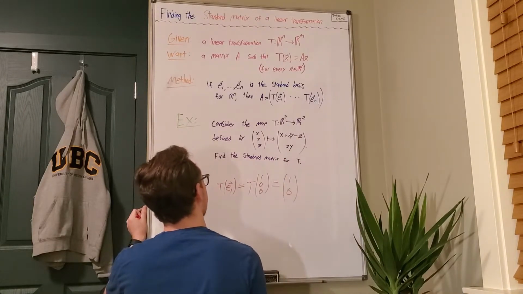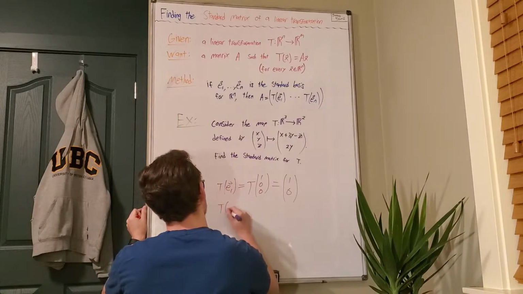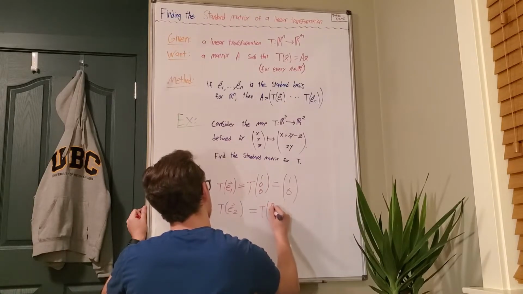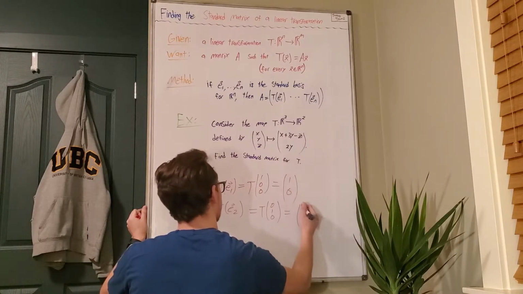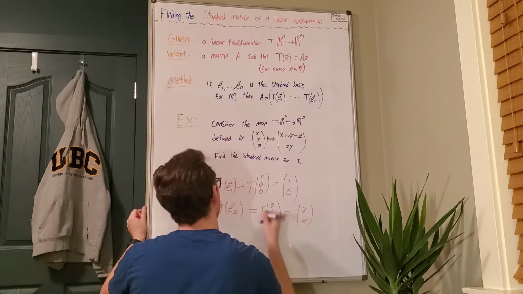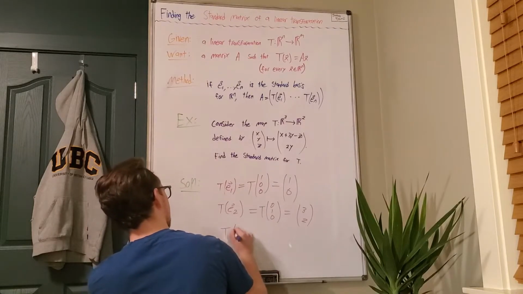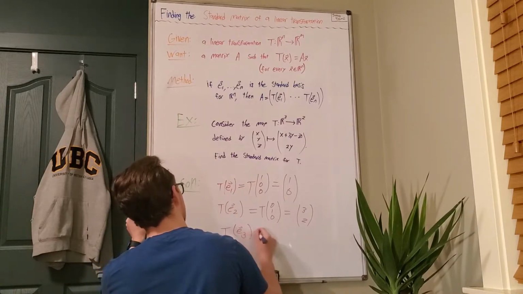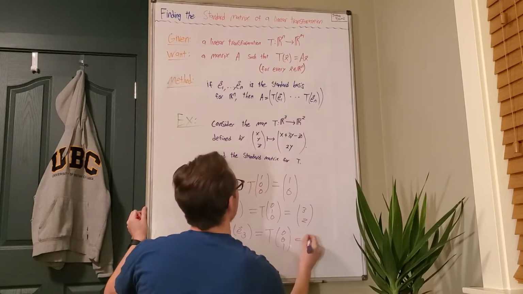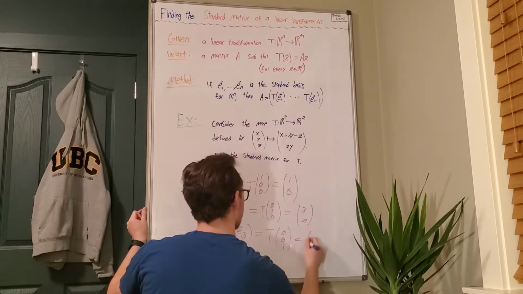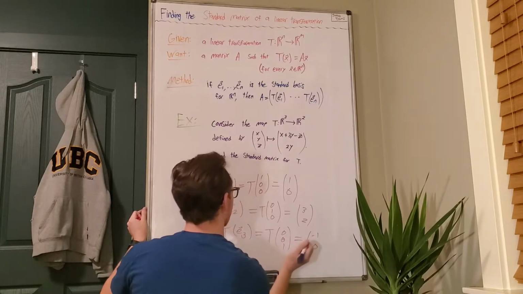T of e2 is T of (0, 1, 0), and that's going to get mapped to (3, 2), just using the definition of T. And then finally, T of e3 is nothing more than T of (0, 0, 1), and that is going to give us just the vector (-1, 0).